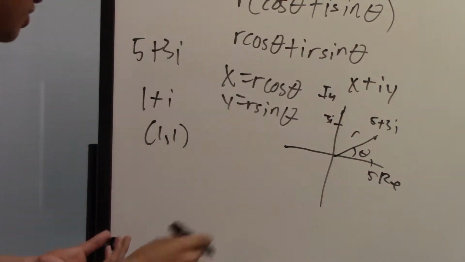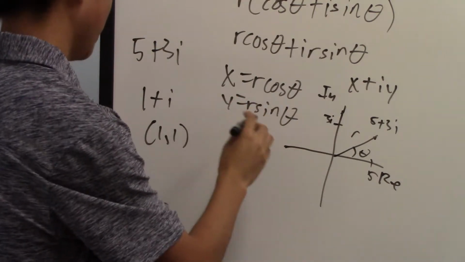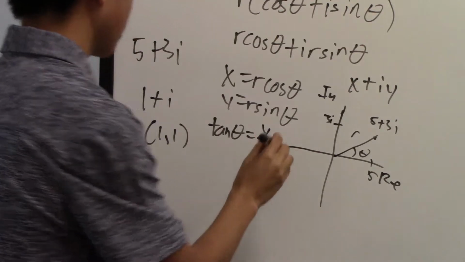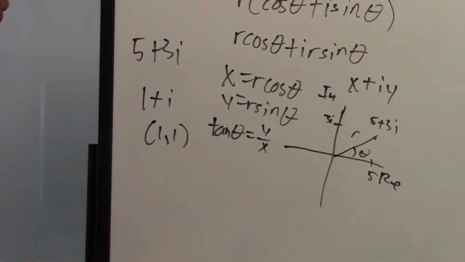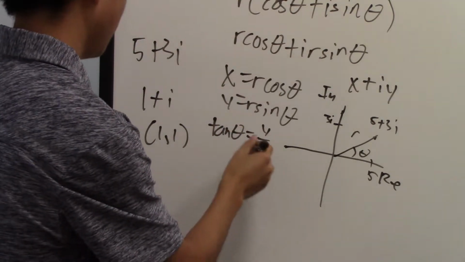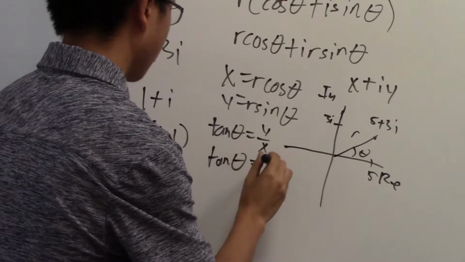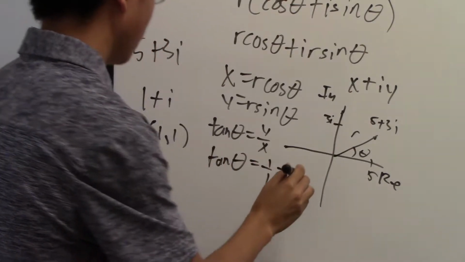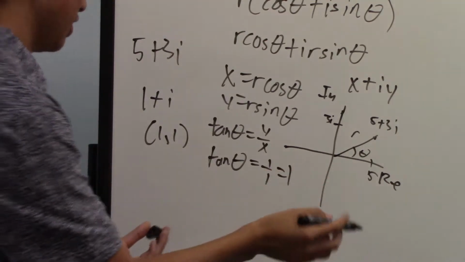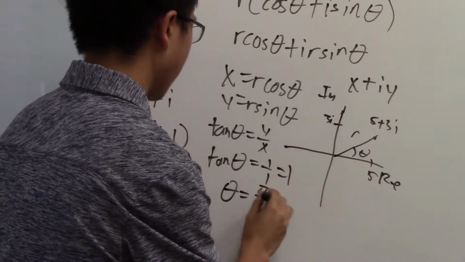So if we were to take the polar form of this, we use these formulas, as well as tangent of theta is equal to y over x. So we can find r and theta just using these formulas. So if we were to use this formula, we say tangent of theta is equal to 1 over 1, which equals 1, and so we would find that theta is equal to pi over 4.